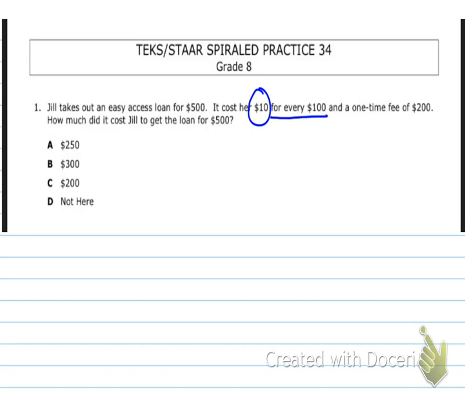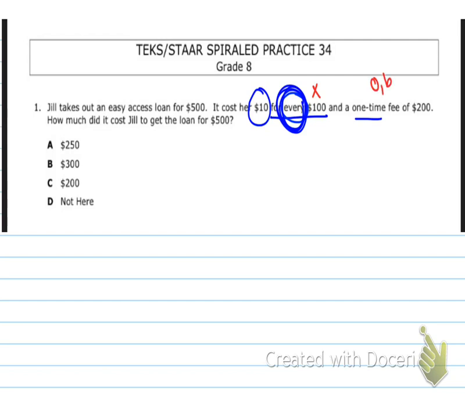So I'll remind you that per, each, and every, these are keywords for the slope. So this means that the $100 is my x. And then a one-time fee of 200. So keywords like one time, first time, initial value, those are going to be words for the b, the y-intercept. So this is going to be my 0, comma b.